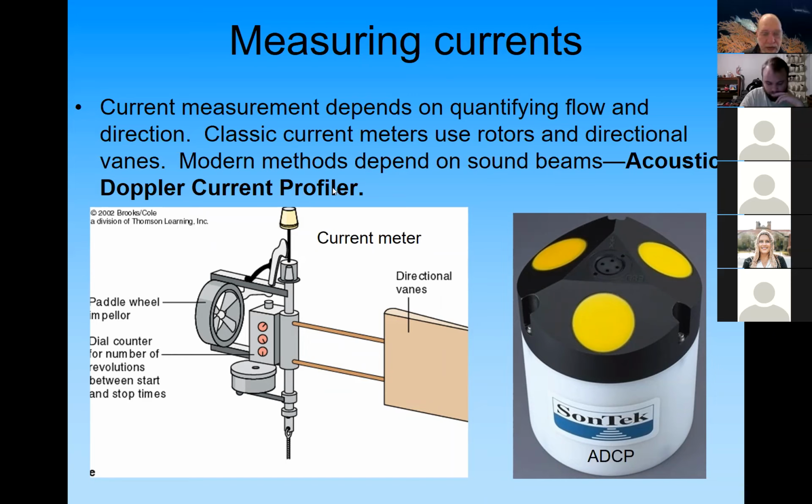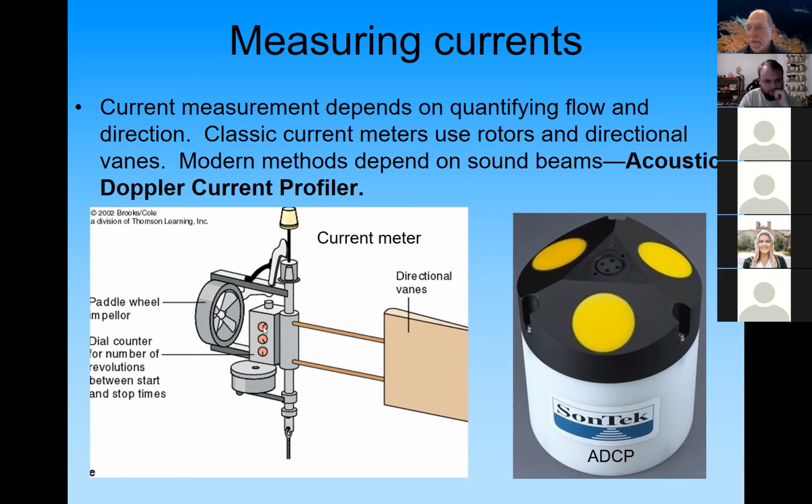The old style current meters, and I'm old enough to remember deploying these, were a major pain in the neck. They were heavy, and you had these directional vanes. The thing would be hung on a cable, and a directional vane would keep the paddle wheel oriented into the oncoming current, and it would spin, and a dial counter would count the number of revolutions between the start and the stop time.